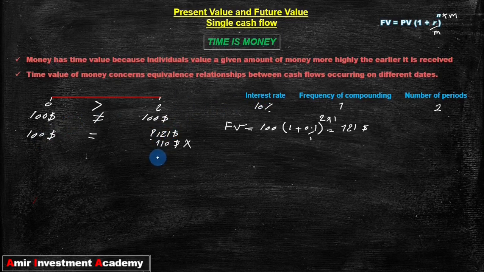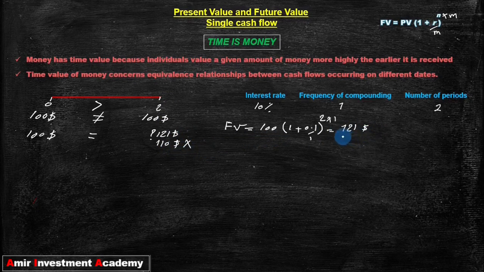Why should I give my money to you so you will give me less than what I can get myself, right? So in other words, for you, assuming that you have access to a 10% rate, your money is worth $121 in 2 years. So you're not going to accept anything less than that.